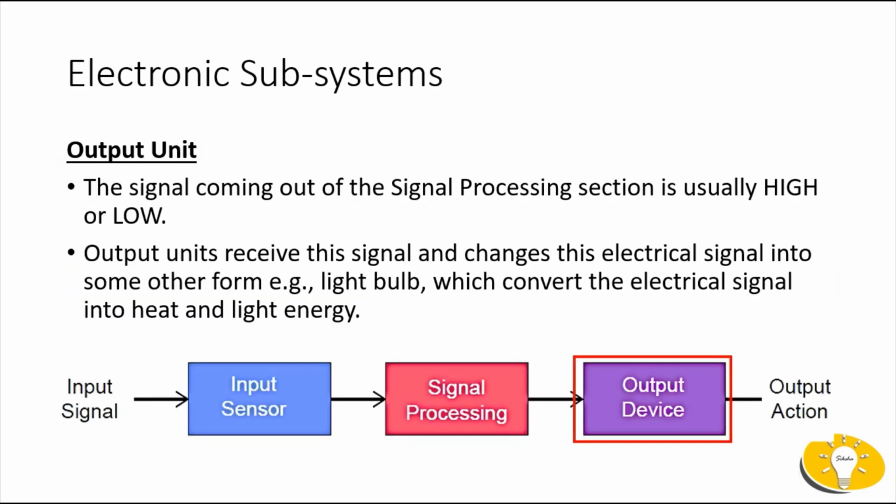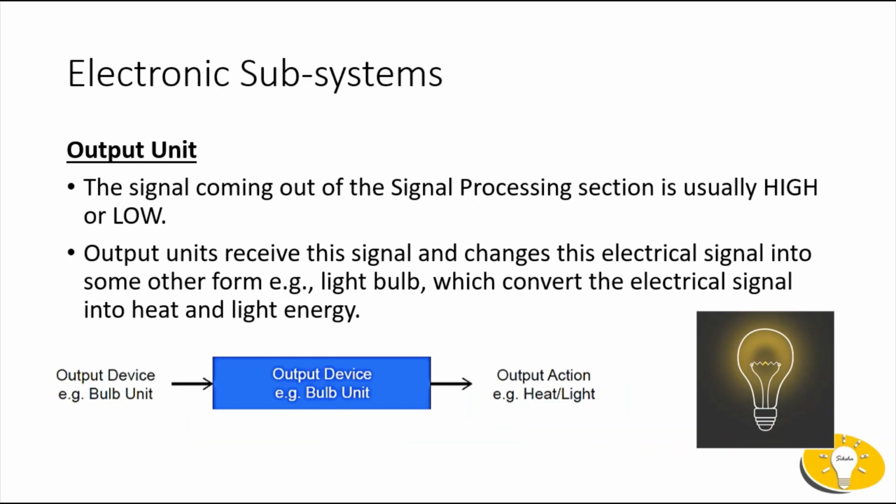The next subsystem that we are going to discuss is the output unit. The signal coming out of the signal processing unit is either high or low. This electrical signal is then converted into some other form by the output unit. For example, a light bulb converts the electrical signal into heat and light energy.